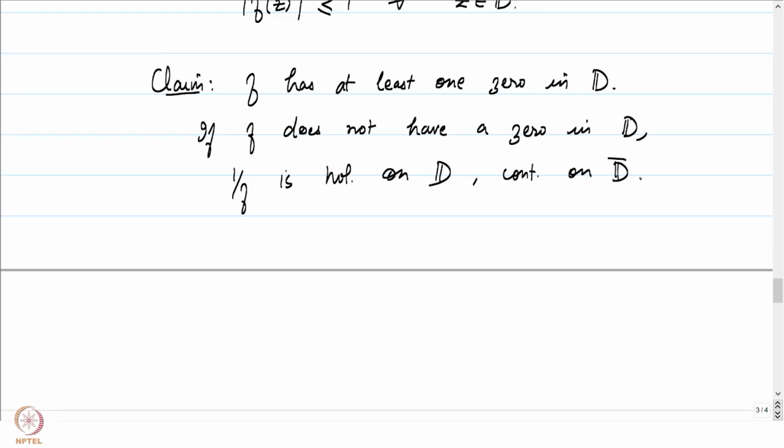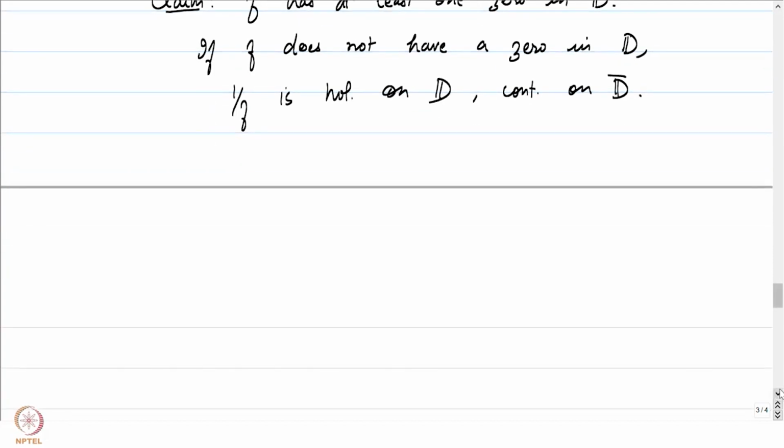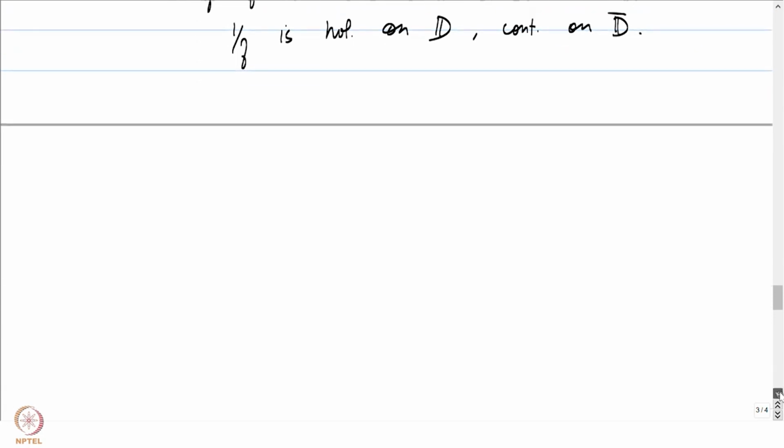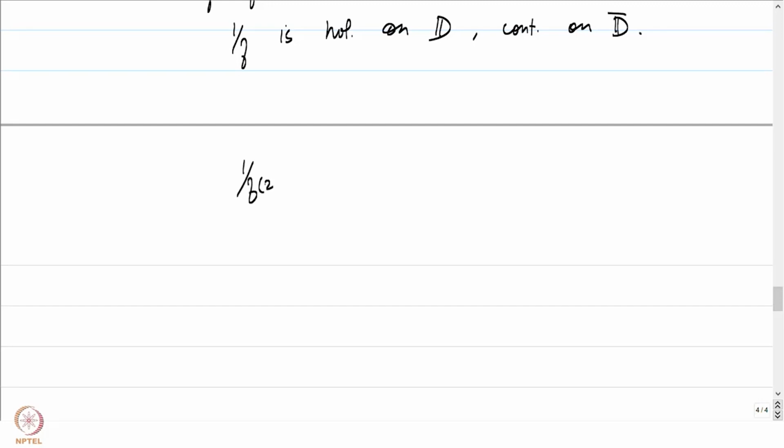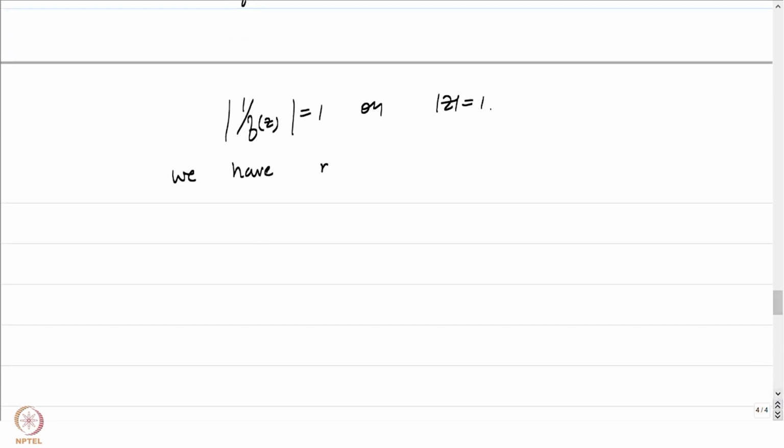Because f is continuous on D bar and does not vanish on D bar, 1 by f also is going to be continuous. And by one of the variants of the maximum modulus principle which we stated, 1 by f of z, because it's equal to 1 on mod z equal to 1, we have 1 by absolute value of f of z is going to be less than or equal to 1 on the unit disk.